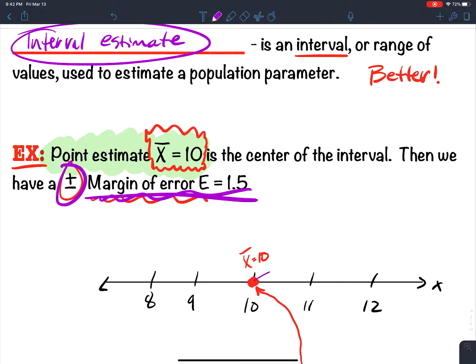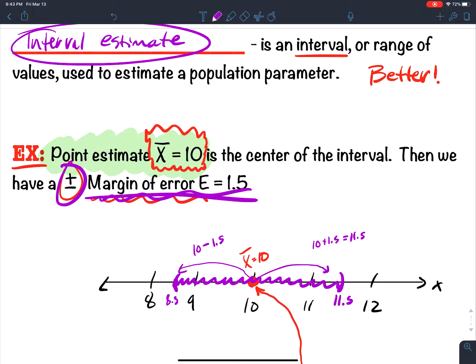So that means I'm going to go out 1.5 in this direction. 10 plus 1.5 gets me 11.5. And then I go 1.5 out in the other direction. How do I go left? I do 10 minus 1.5. That gets me 8.5 there. So my margin of error of 1.5 gives me this interval here.